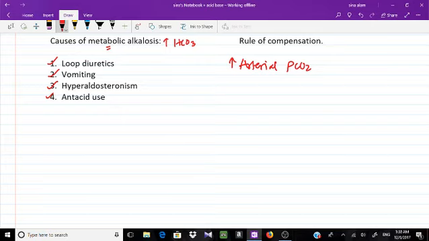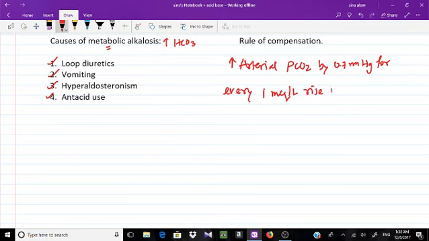But if there's the compensation, the arterial PCO2 will increase by 0.7 millimeter of mercury for every 1 milliequivalent per liter rise in serum bicarbonate. Okay, so this thing is the rule of compensation for metabolic alkalosis.